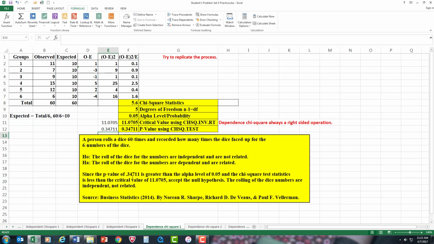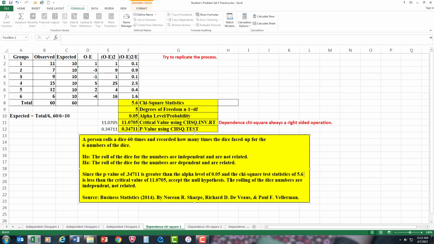So since the p-value of 0.34711 is greater than the alpha level of 0.05, and the chi-square statistic of 5.6 is less than the critical value of 11.0705, that's your limit, we accept the null hypothesis.